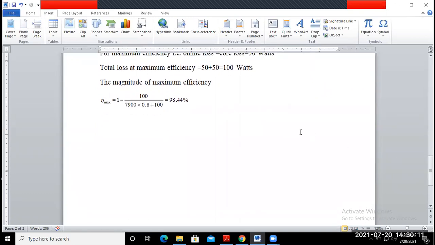Now, let's solve part C, that is voltage regulation and the secondary terminal voltage at 0.8 power factor lagging and leading.